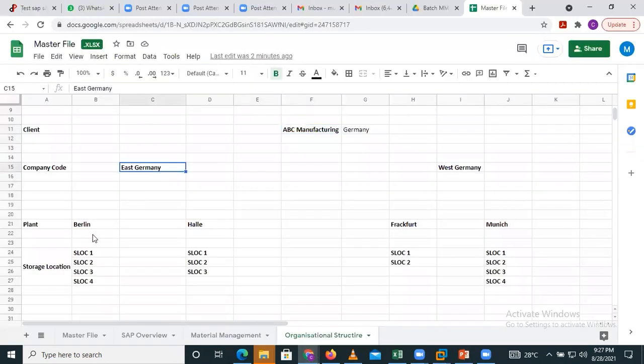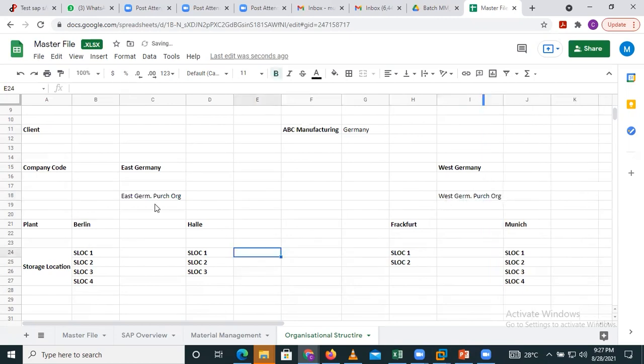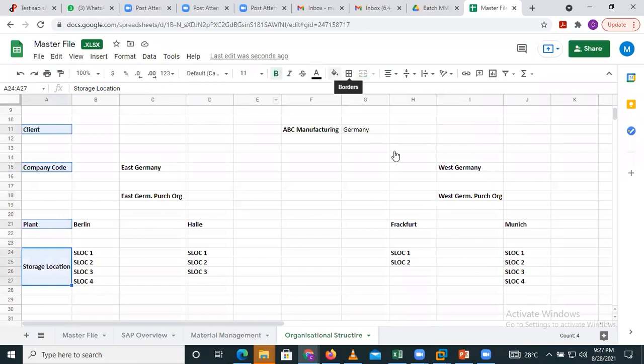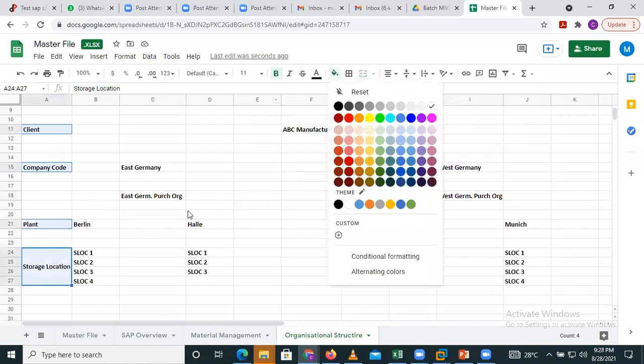Germany has one purchasing organization, East Germany purchase, and West Germany purchase. So we have two purchasing organizations. One is this, another is this. Okay, so we have client, we have company code and storage location. So I'll just put this as a view here.